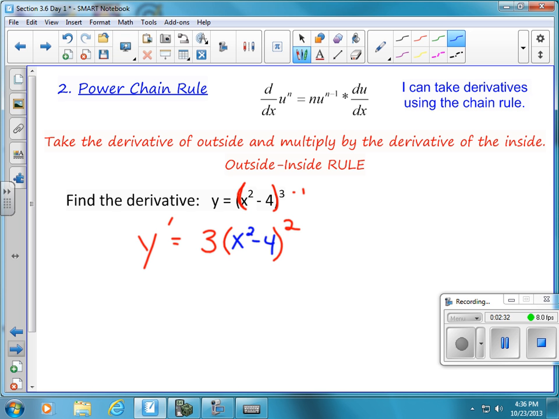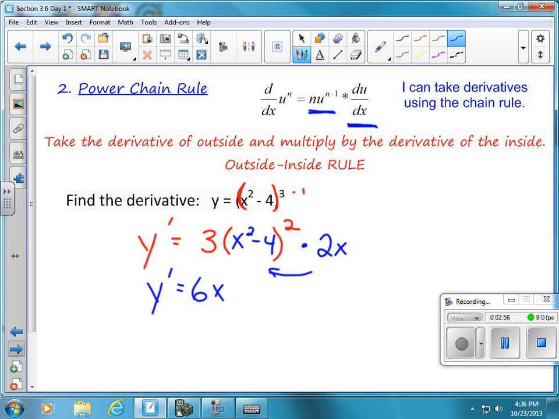So right now we've taken the derivative of the outside using the power rule. The du dx is the derivative of the inside. So the derivative of the inside is 2x. That is our answer. We might choose to simplify it just a little bit by putting the 2x into the front.